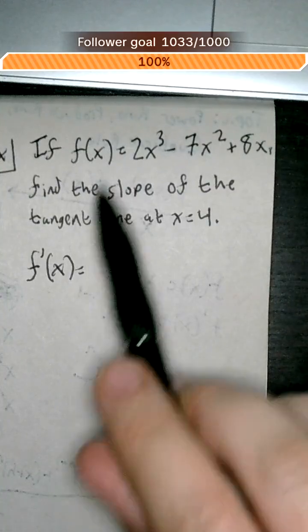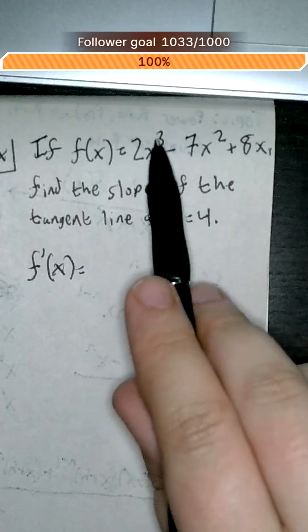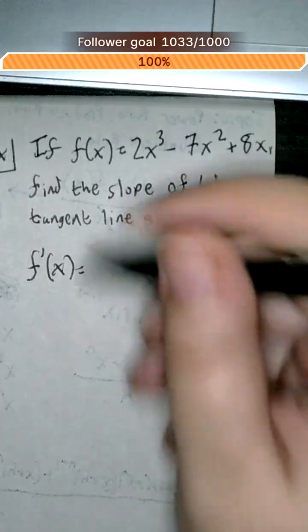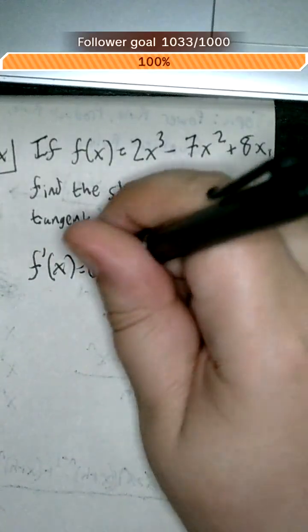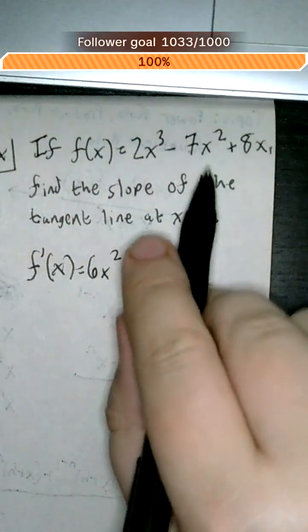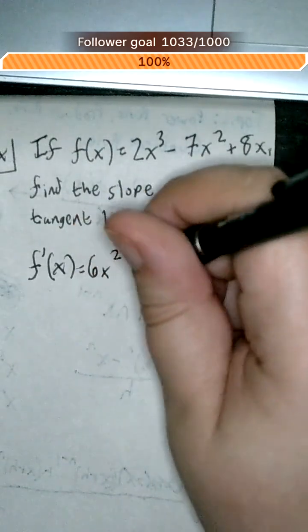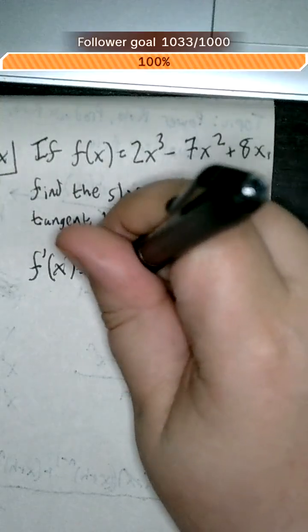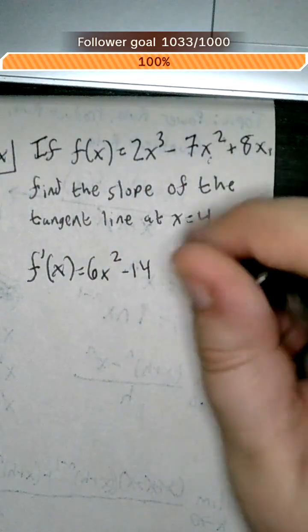So what I'm going to do, I take my exponent, multiply it by my coefficient, so 2 times 3 is 6. And then I subtract 1 from my exponent, so 3 minus 1 is 2. And then I take my 2, multiply by my negative 7. So negative 7 times 2 is negative 14. And then I have x to the 2 minus 1, which is 1.